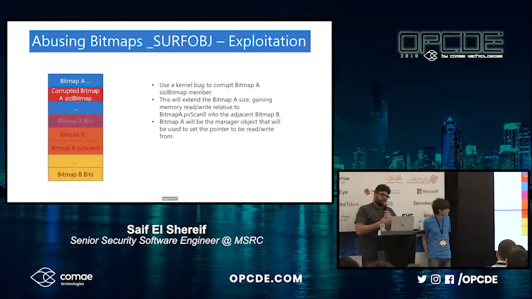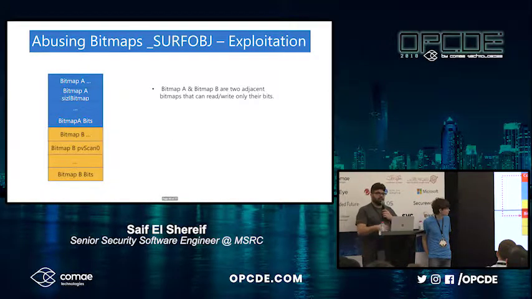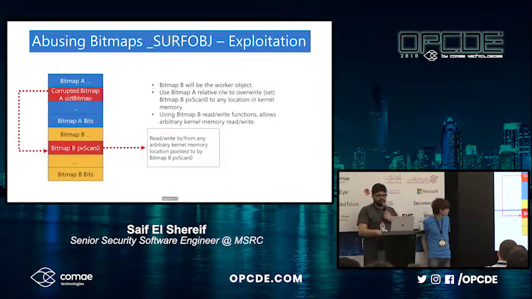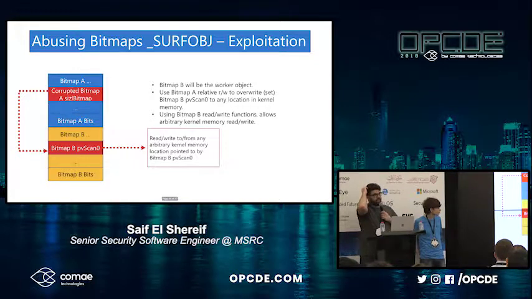And bitmap A will be the manager object that will be used to set the pointer to read and write from. Later on, we'll use the relative read and write to override the pvScan0 member of the second bitmap and use that as a worker object, and we'll be able to read and write from any location in memory. Now, this technique was killed in RS3, and everybody was talking about it.